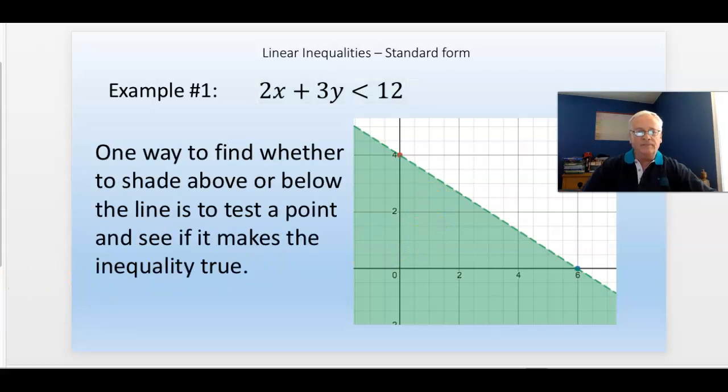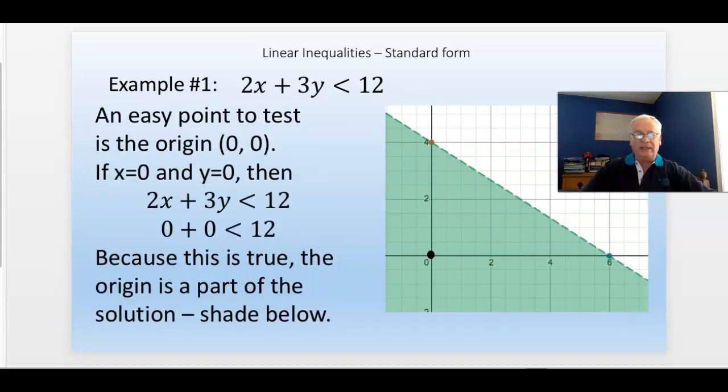All right, let's do another one. Oh, I'm sorry. Guys, another way to find whether to shade above or below the line is to test some point. Find some point down here in the shaded area and see if it makes this inequality true. One of the easiest points, obviously, to pick is the origin, 0, 0.